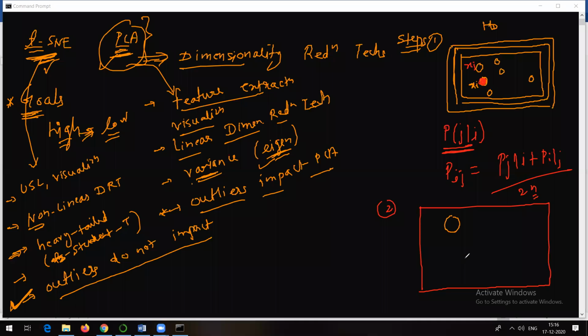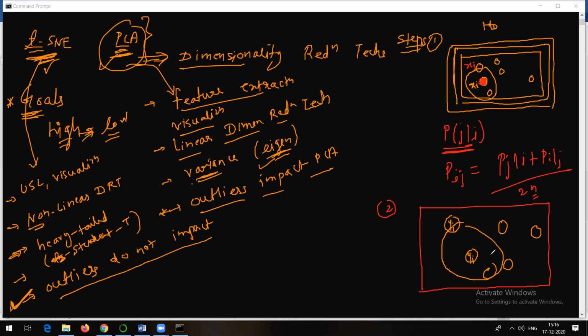So this is one point, this is another point, and there will be some other points here. Earlier you can think of all these points somewhere here, and now it looks like this. Suppose this is your point yi and this is yj.